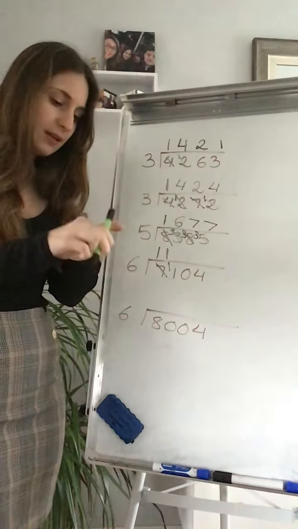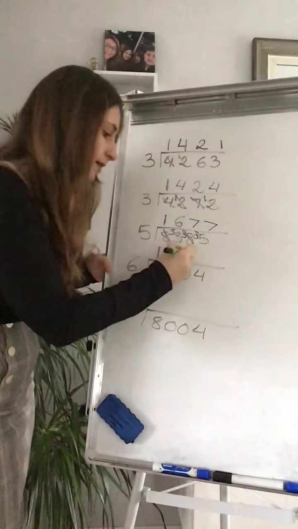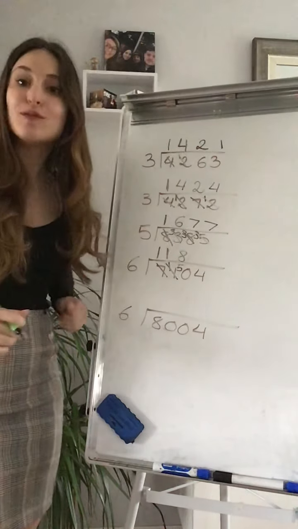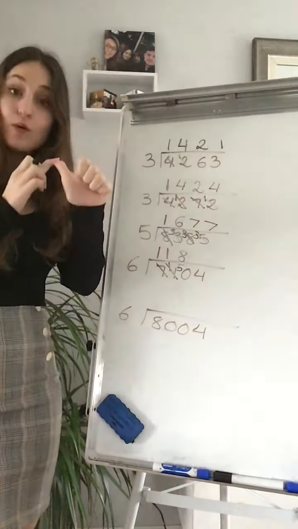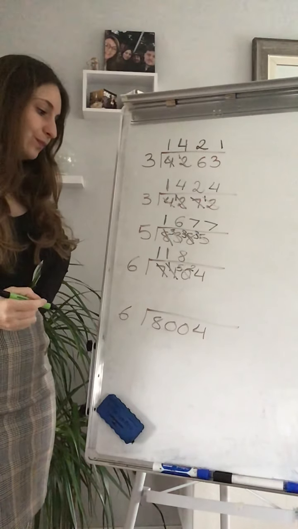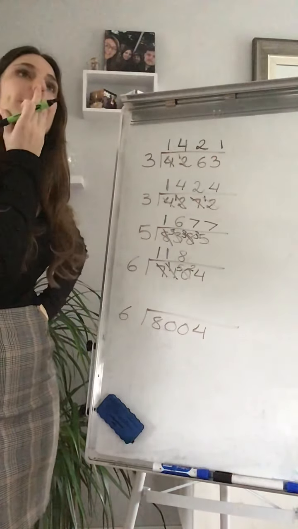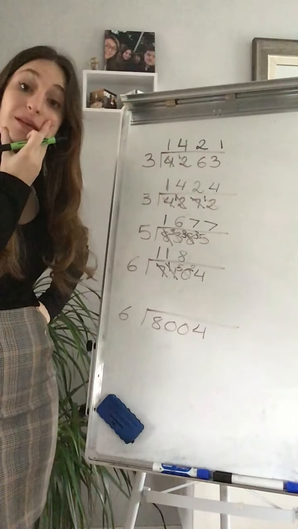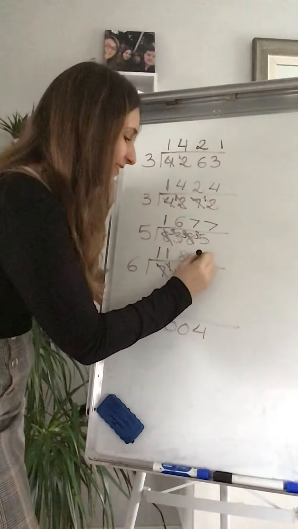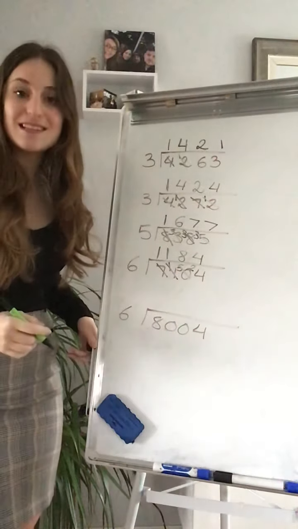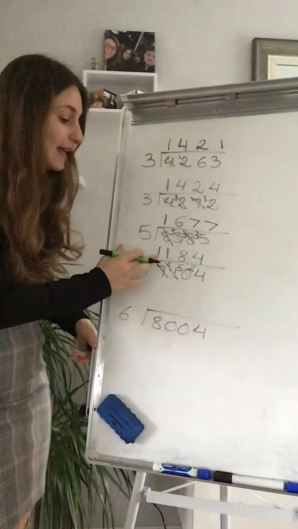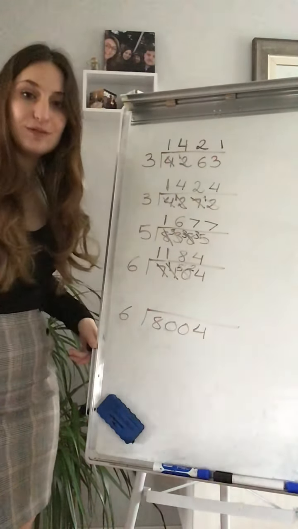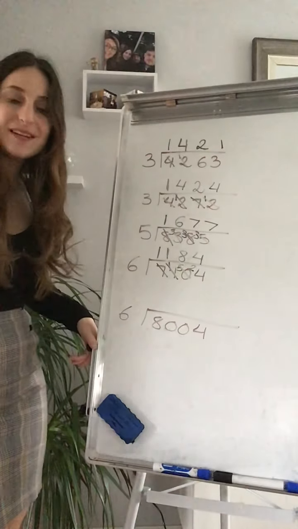Is 50 on my 6 timetable? No. The closest one is 8 times 6 is 48. 49, 50. So I carry 2 to my next digit. 24. 24 on my 6 timetable? Yeah. 4 times 6 is 24. Your answer should be 1184.